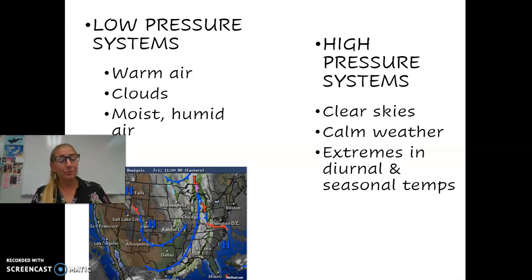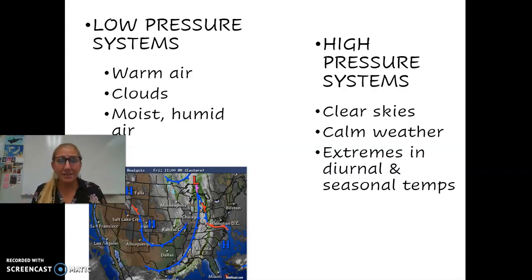If you think about South Florida, we get high pressure systems coming through often in the wintertime. Those are those days where a front comes through and it's beautiful blue skies and it's like 75 and we can open our windows, but at night it gets really chilly, depending on where you're from, because there's no clouds.